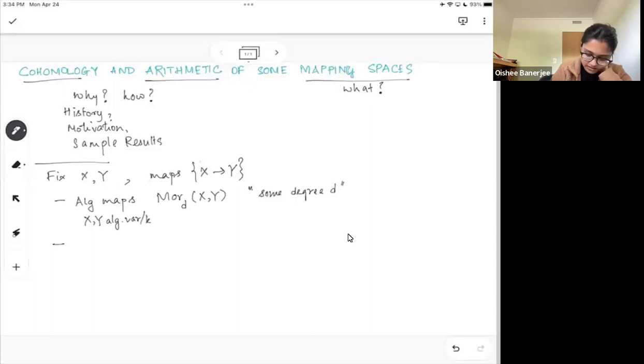One can also consider holomorphic maps, because when the base field K is C, and X and Y are, say, smooth and maybe projective, it's the same to consider the space of holomorphic maps.